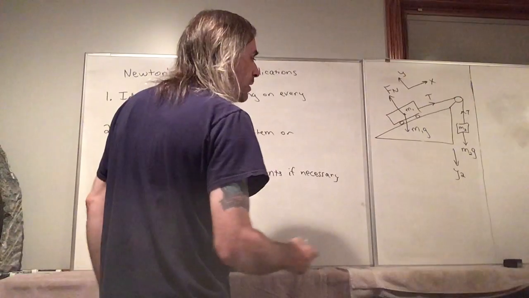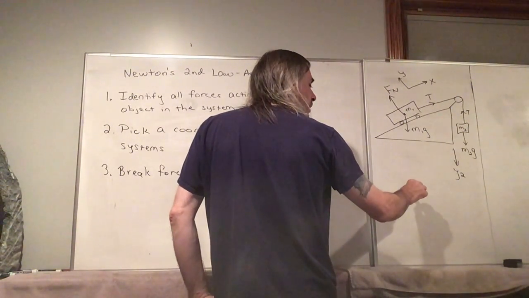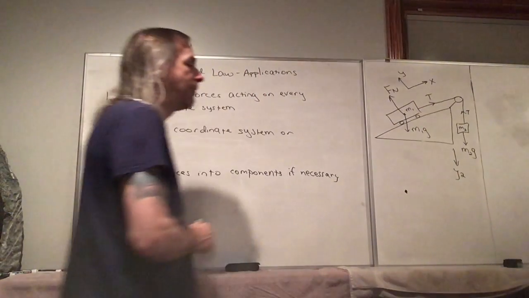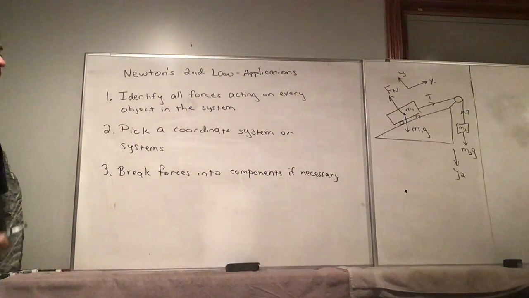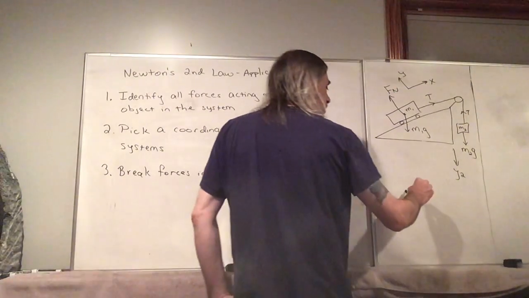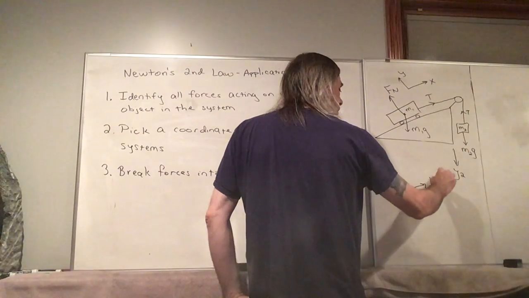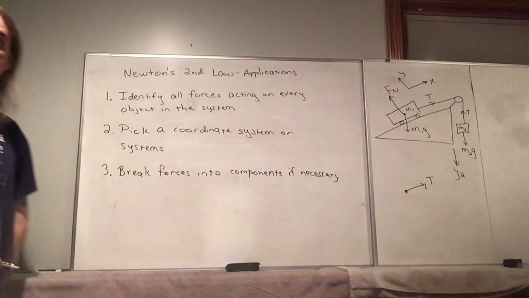So we've got M1 here. And let's look at all the forces and determine if we need to break any of them into components. So let's look at tension first. Tension is in the x direction. We're totally fine there. So tension, we leave that one alone.